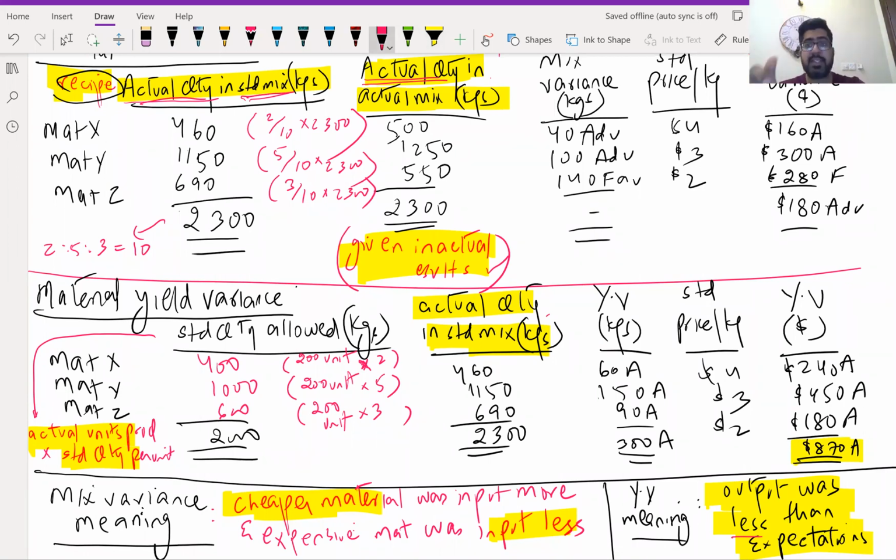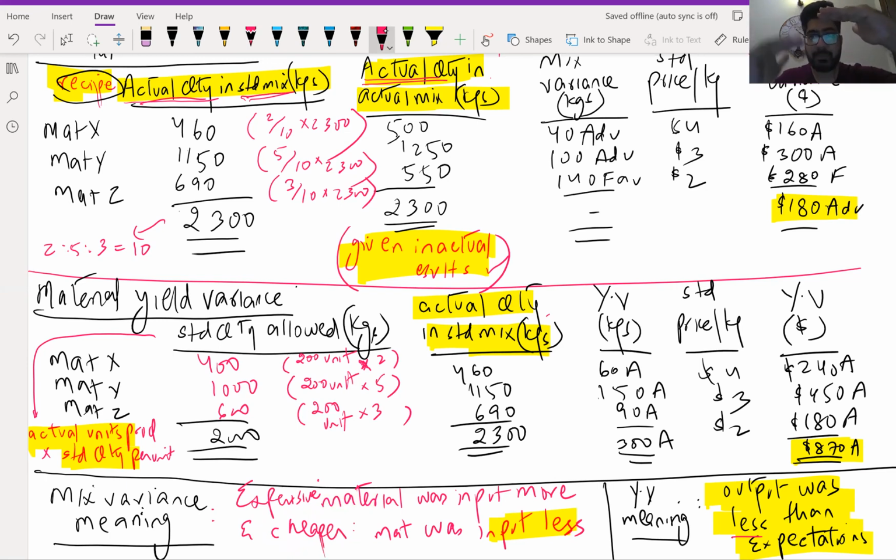Mix variance: the mixing variance is 180 adverse. What does this mean? This means expensive material was input more and cheaper material was input less. Expensive more, adverse, bad. See the proof.